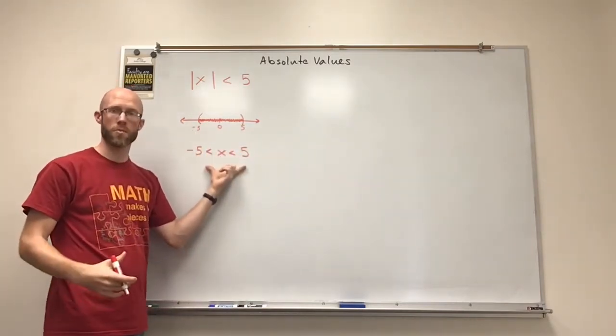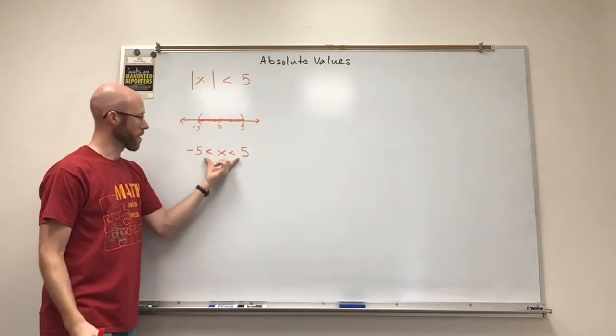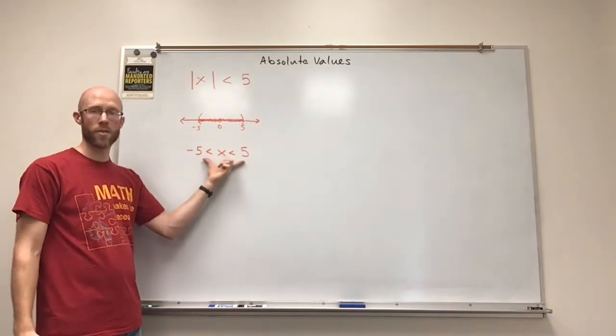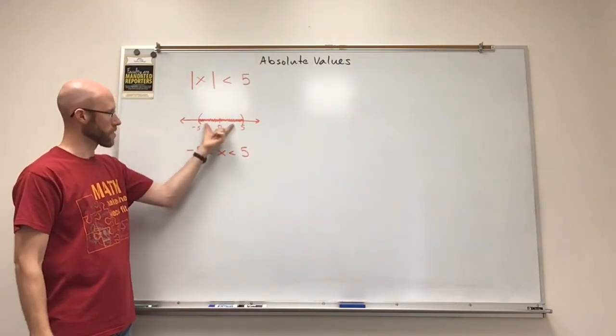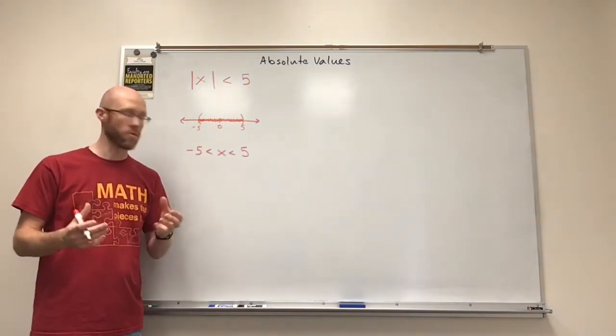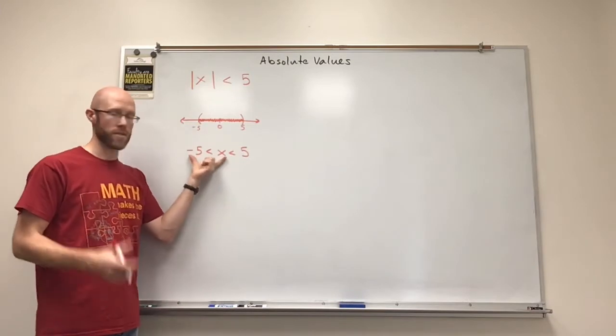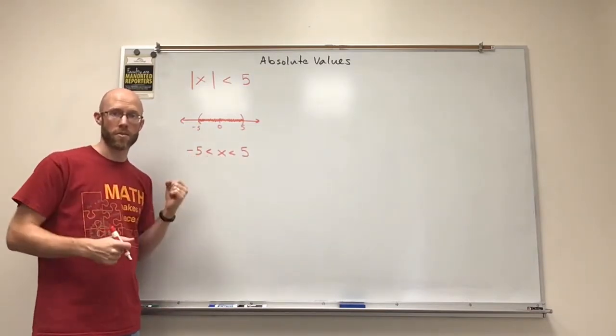We saw this when we dealt with compound inequalities in previous videos, where the x is in between the -5 and the 5, and the interval given here is the intersection of two intervals where -5 is less than x and x is less than 5.